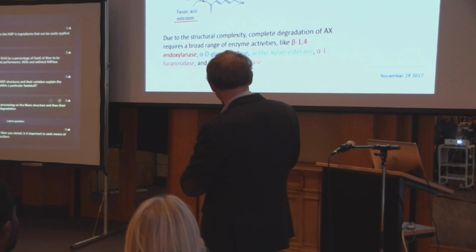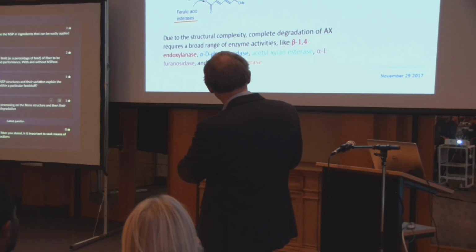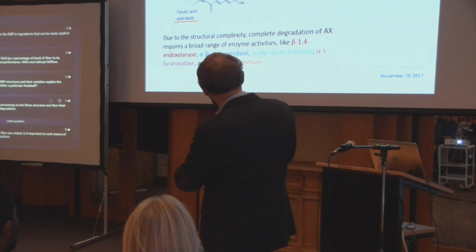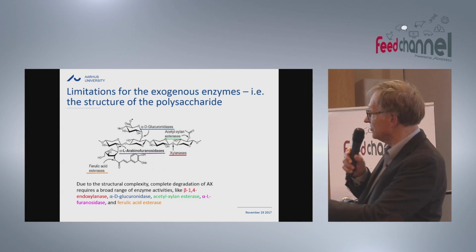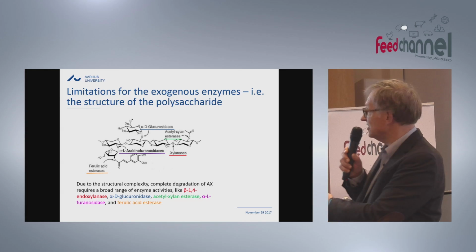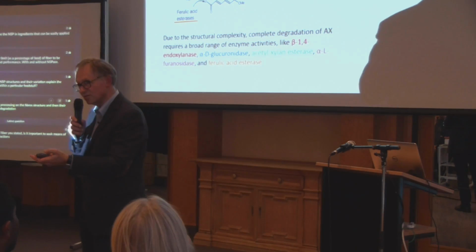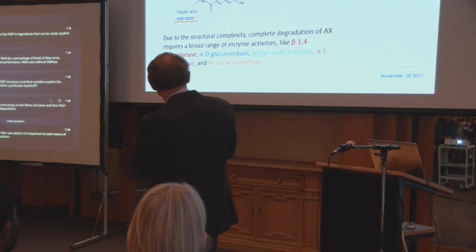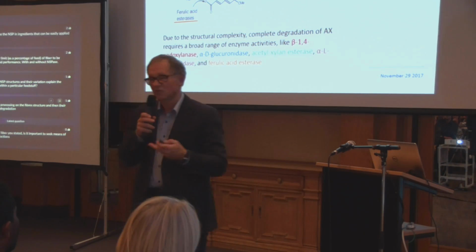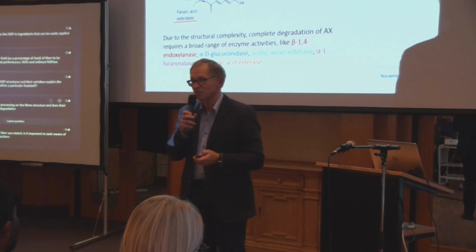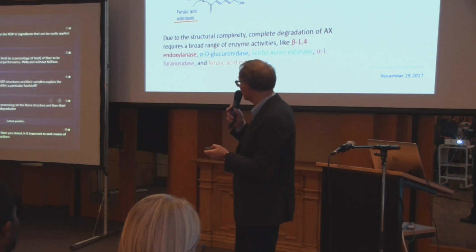But it's also clear that when you look at what is required to handle a cell structure or a chemical structure like the arabinoxylans, it's not enough that you only have xylanases. You also need some of the other enzymes present to be able to handle this type of cell wall structure.